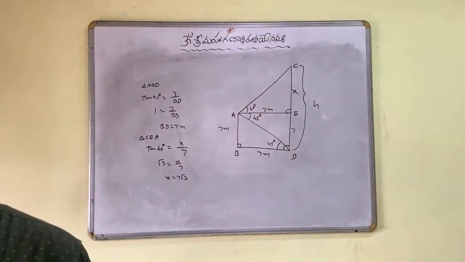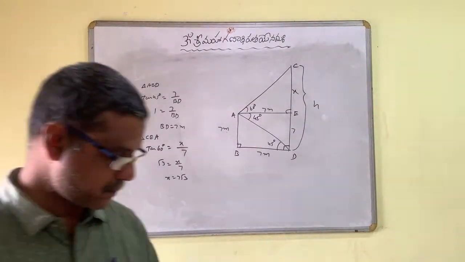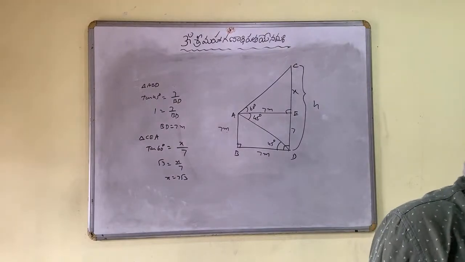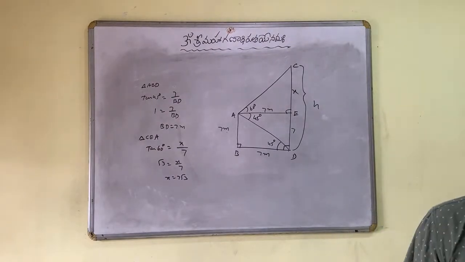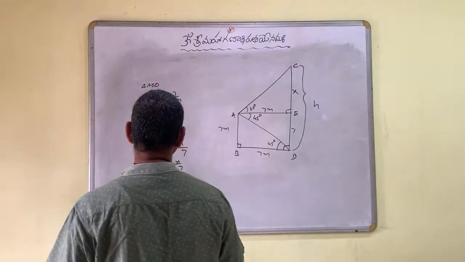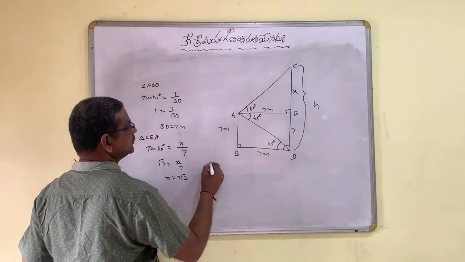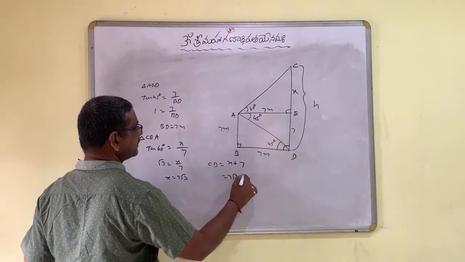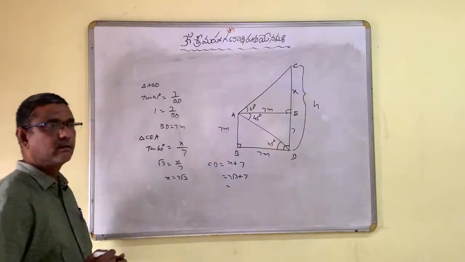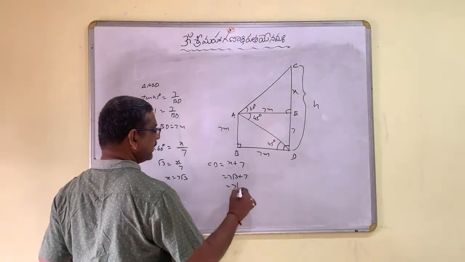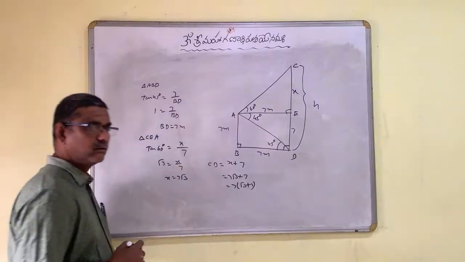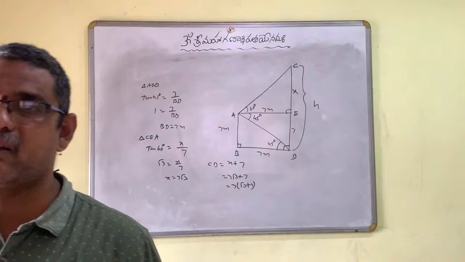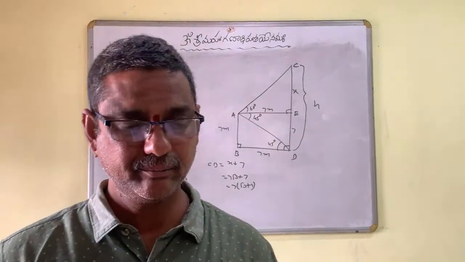Now what is the total height of the cable tower? Total height of the cable tower CD is equal to x plus 7. So 7 root 3 plus 7, 7 times root 3 plus 1.